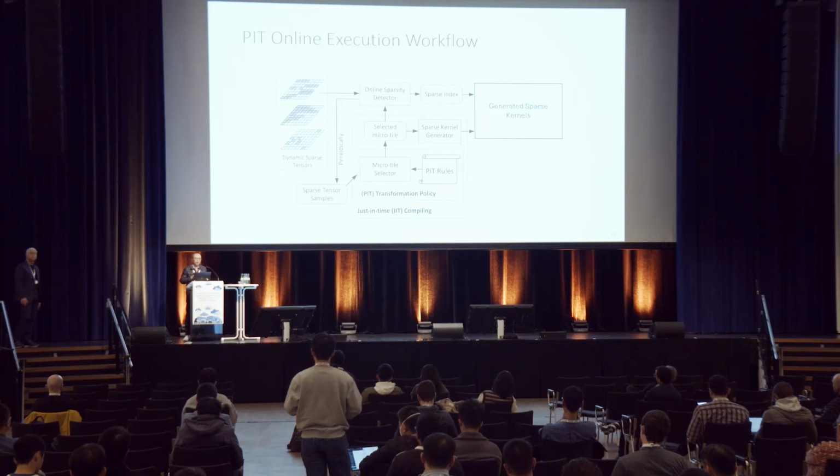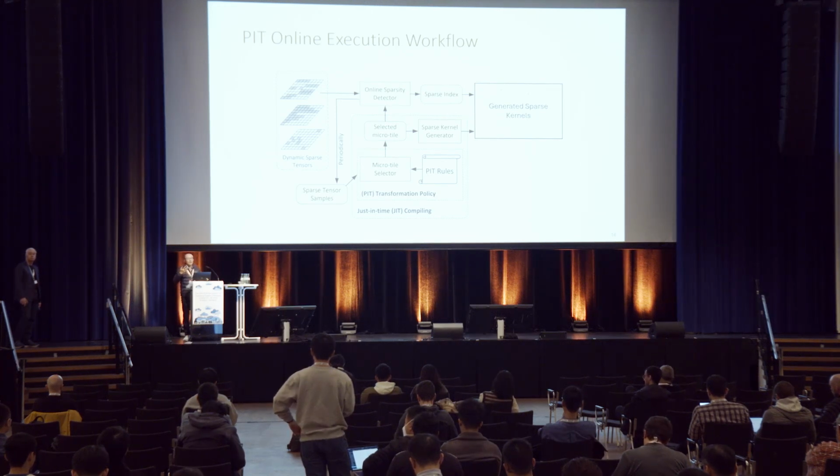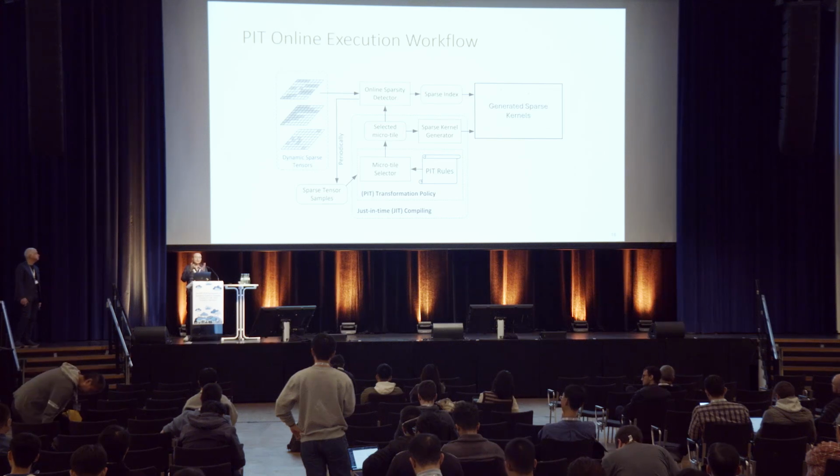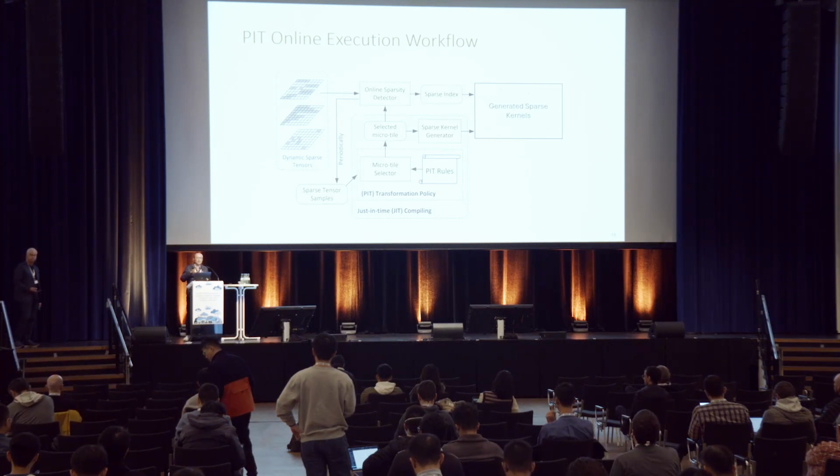So the system builds the corresponding GPU kernels to detect the non-zero values, and the detection is at the granularity of microtile. The detailed approach is that we use different thread blocks to discover the non-zero values of different regions of the sparse tensor to build the index of the non-zero microtiles. Okay, thank you very much.